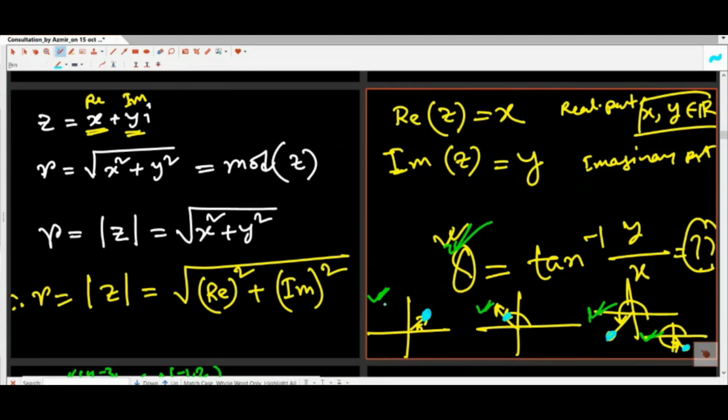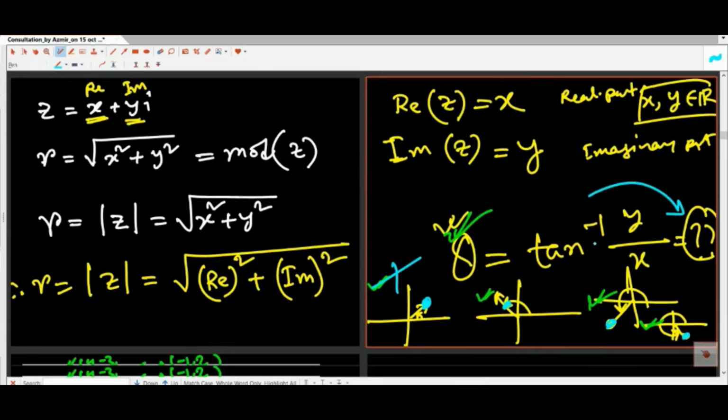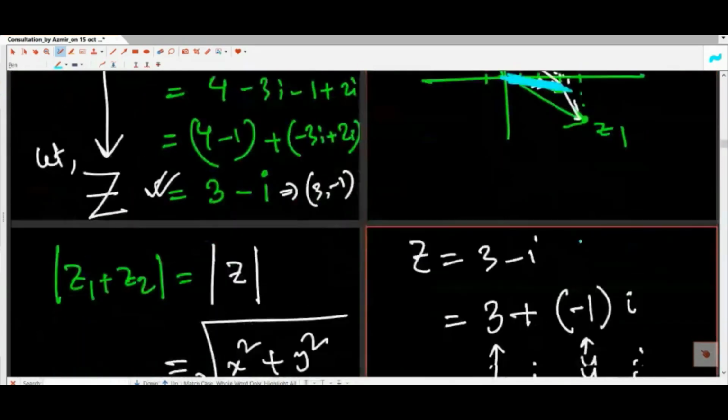If the point is in the first quadrant, then there is no problem. If we have the point in the third quadrant, fourth quadrant, or even the second quadrant, then the result that we are getting from the formula tan inverse y over x needs to be adjusted.